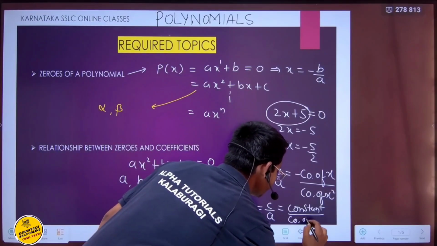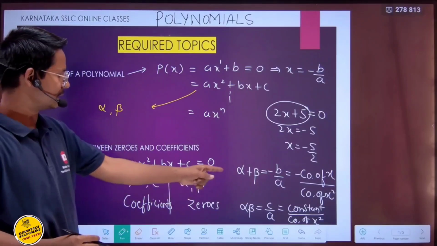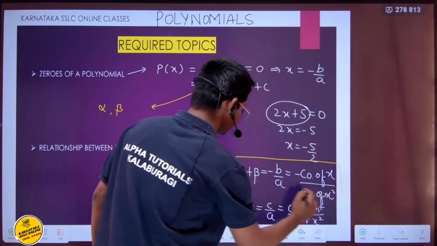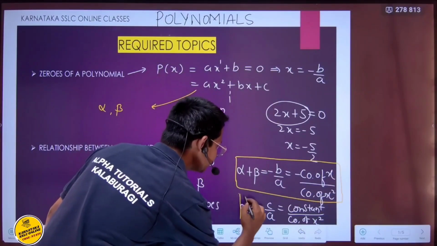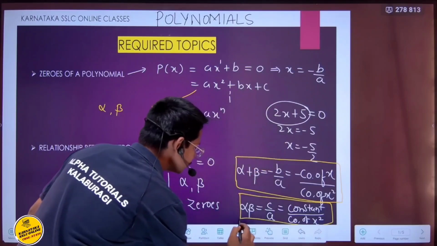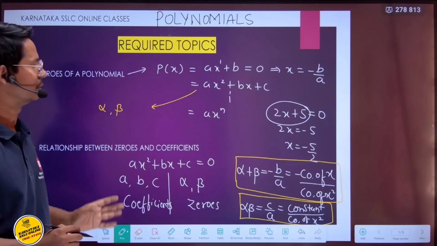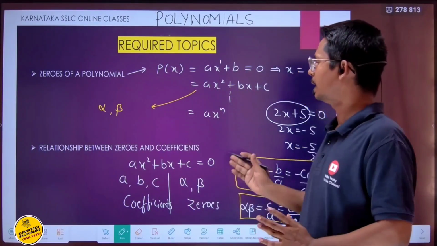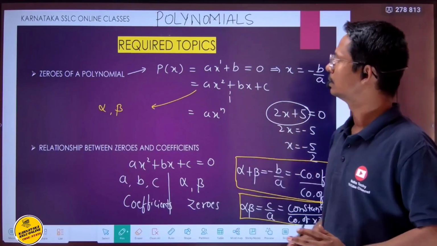So this is an important relation between the coefficients and the roots or zeros. You need to remember the basic idea: what is called a polynomial, how to find zeros of a polynomial, and the relation between zeros and the coefficients. So next we will go with the questions.